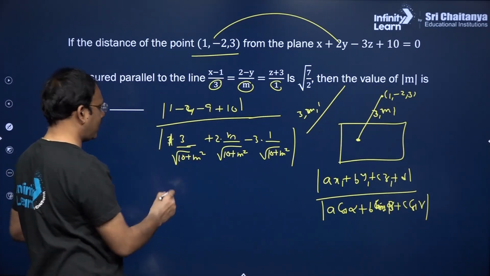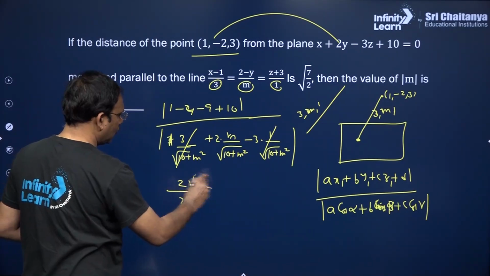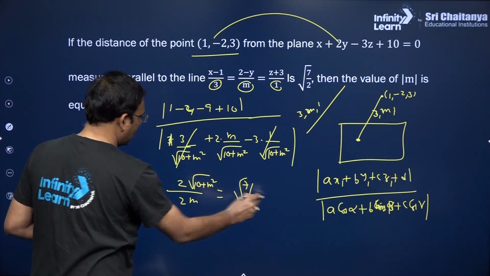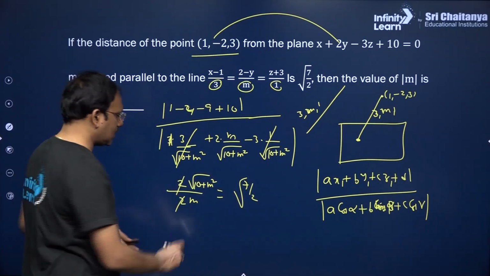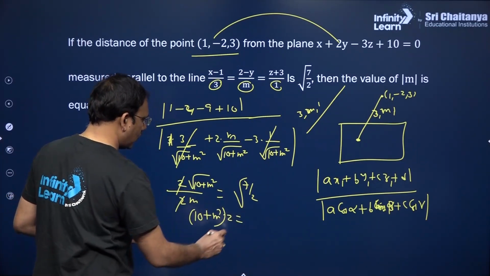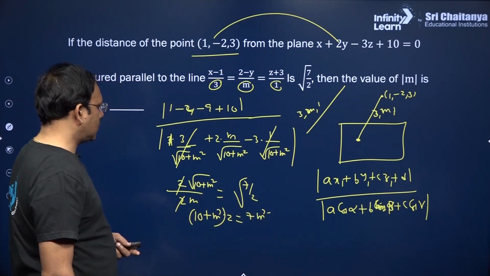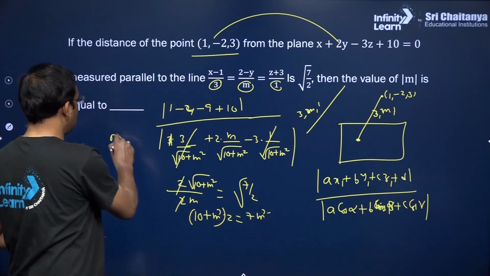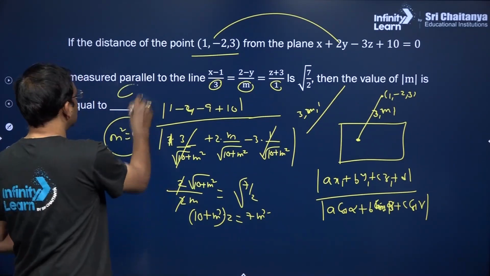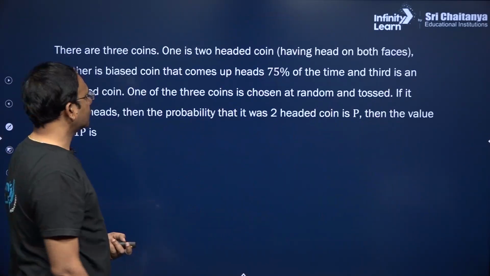Here, my dear friends, 11 minus 13, that is 2, by, these two got cancelled, 2m into root of 10 plus m square is given as root of 7 by 2, my dear friends. So you just square: 10 plus m square into 2 is equal to 7m square, my dear friends. So 5m square is equal to 20, m square is equal to 4, my dear friends. m must be plus or minus 2, mod m is going to be 2. That's all. Either you can do the procedure or the formula.